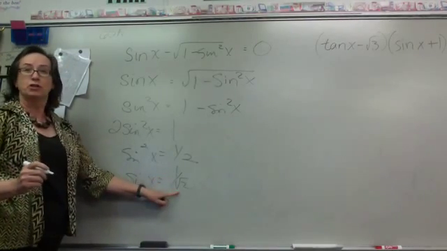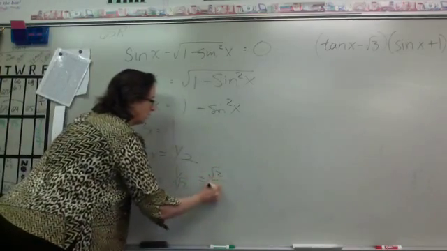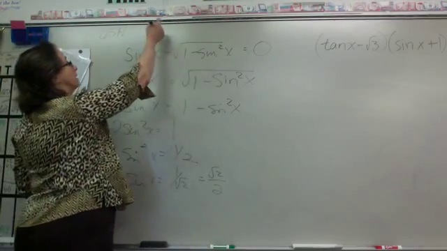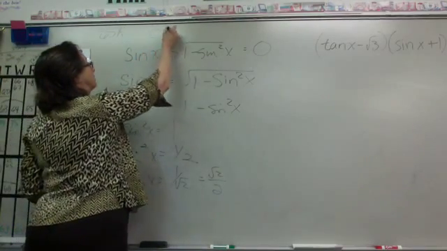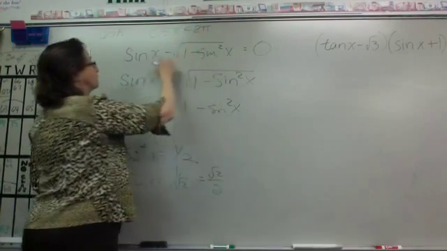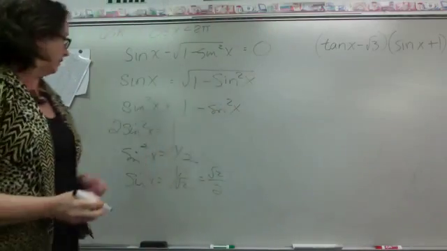Now, square root of 2 on the bottom is not proper form, so that's the same thing as square root of 2 over 2. Up here, this one was from 0 less than or equal to x less than 2 pi. Usually when we're in x, we're in radians instead of degrees.